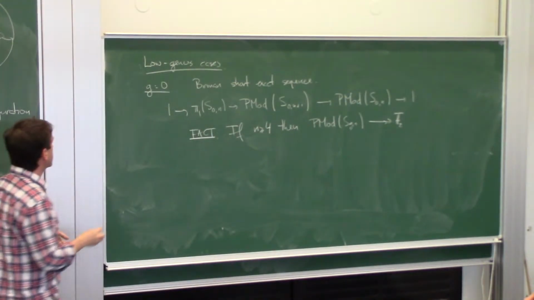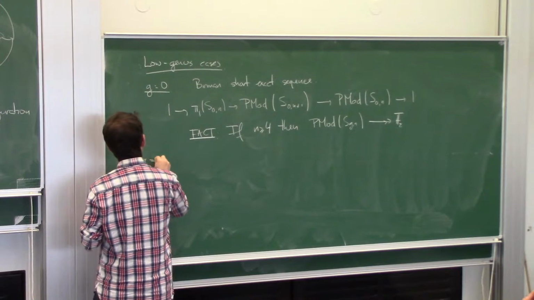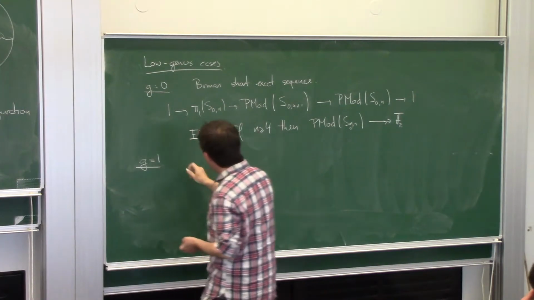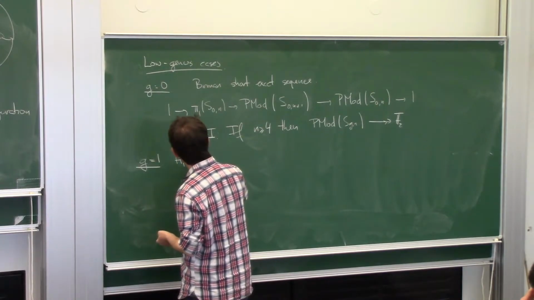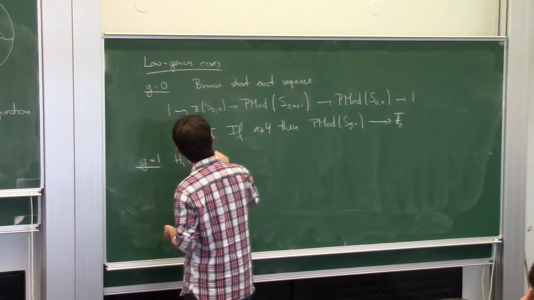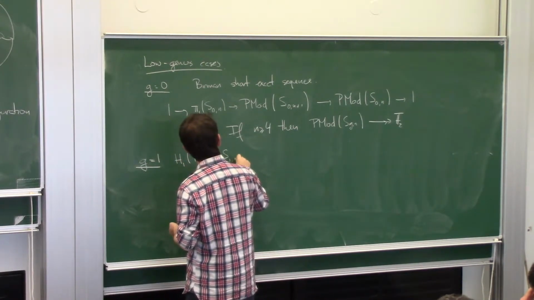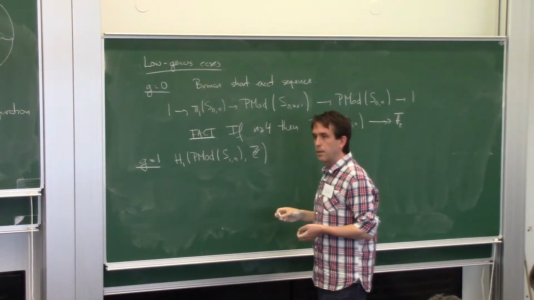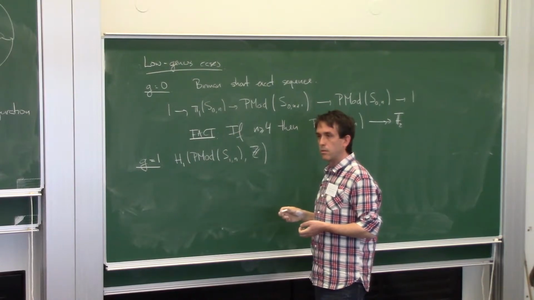If the genus is 1, then it turns out that the first homology group is Z mod 12.